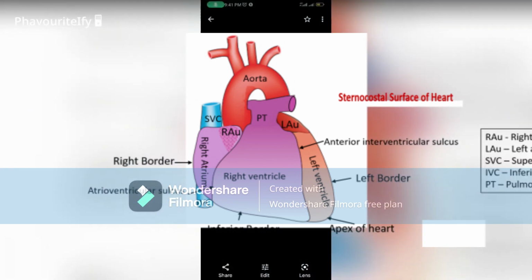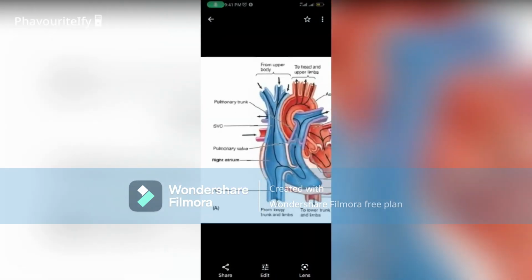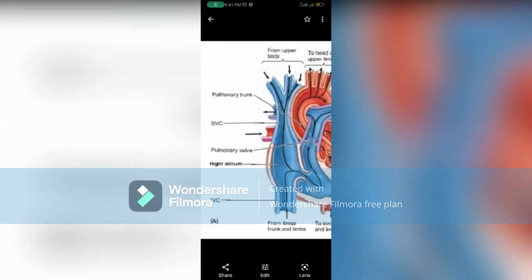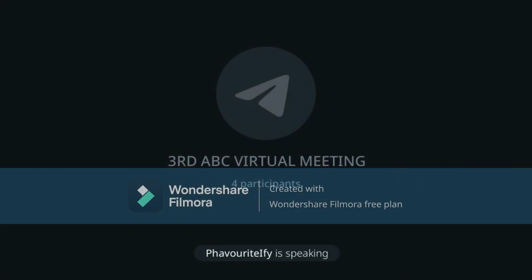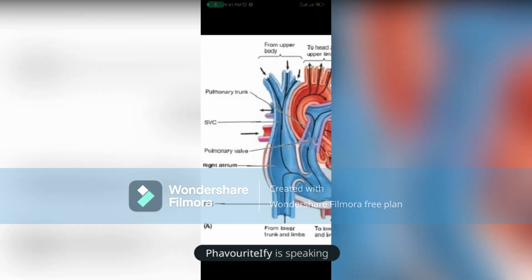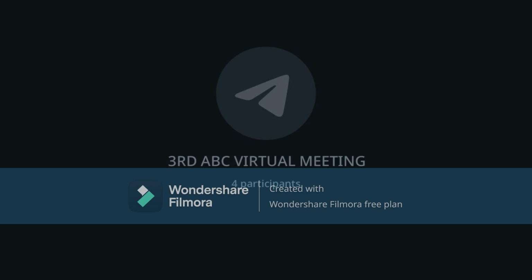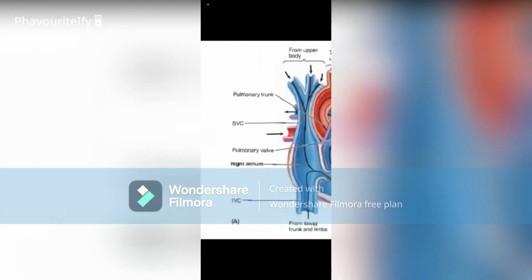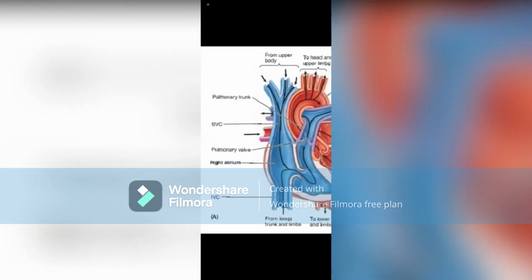It's formed by the right atrium, and you can see it here, extending between the superior vena cava and the inferior vena cava. That is the right border of the heart.